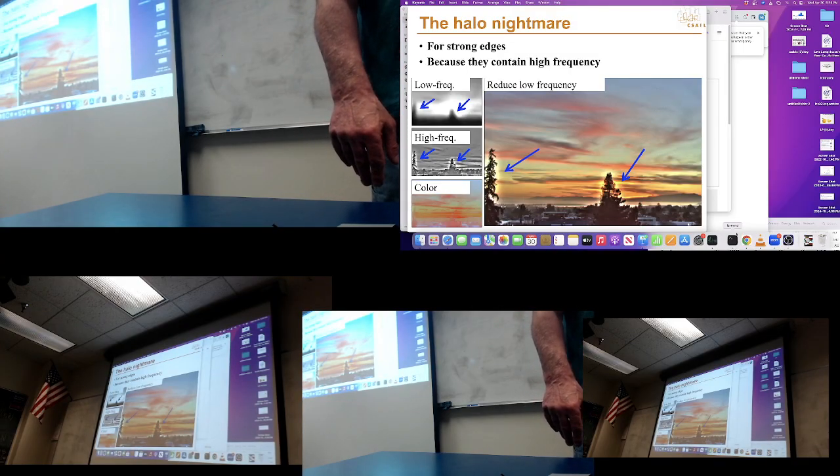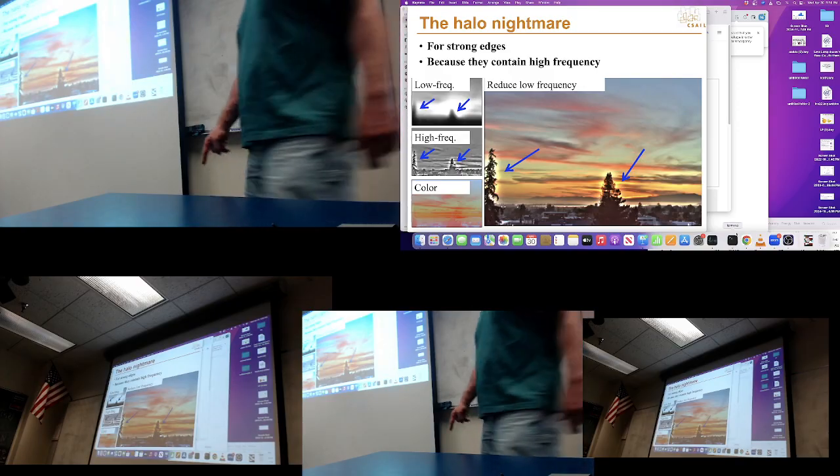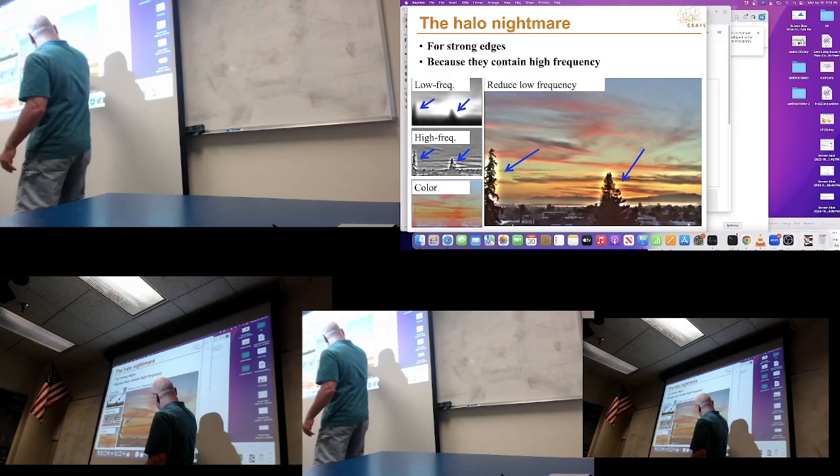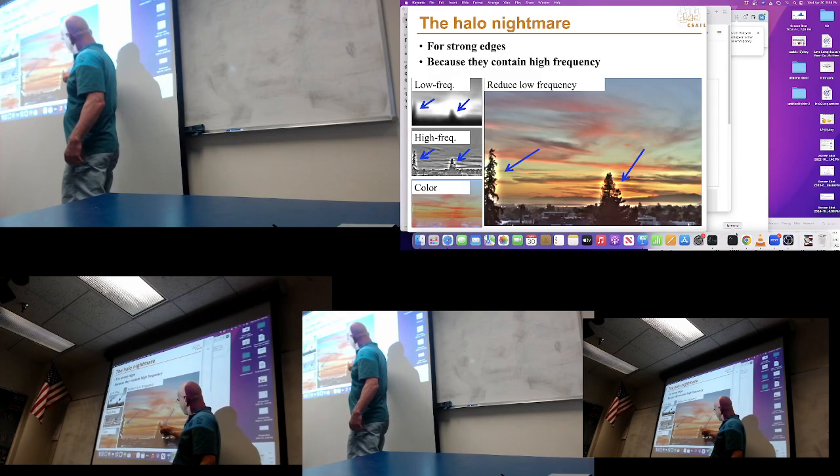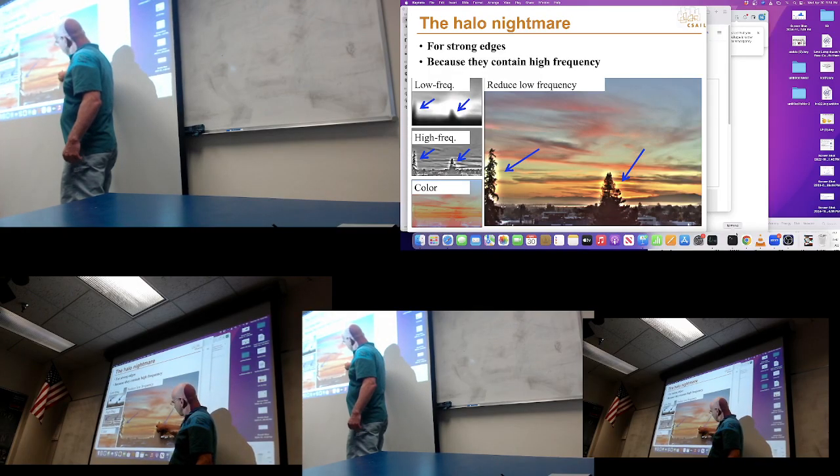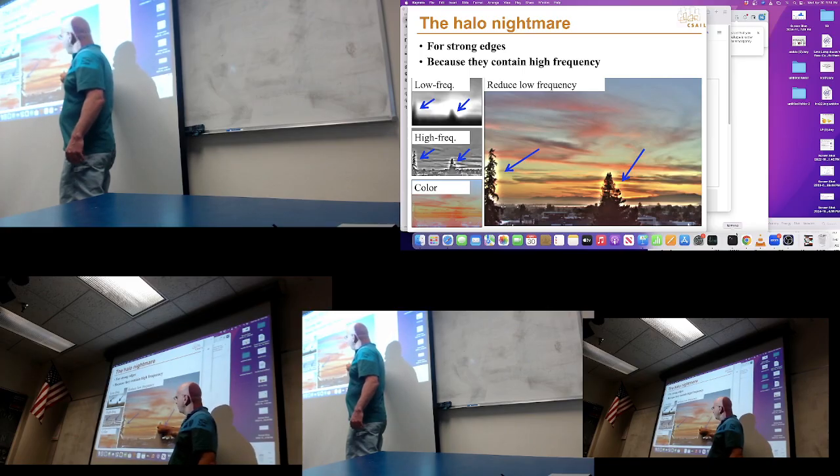Okay, so we had this halo nightmare. We talked about it: there is a result of the smoothing function that happens just near the object.